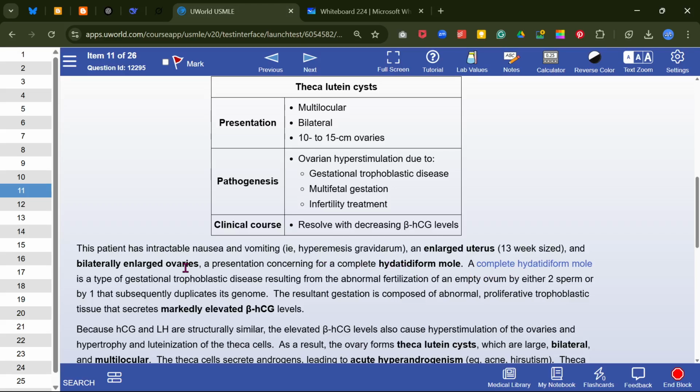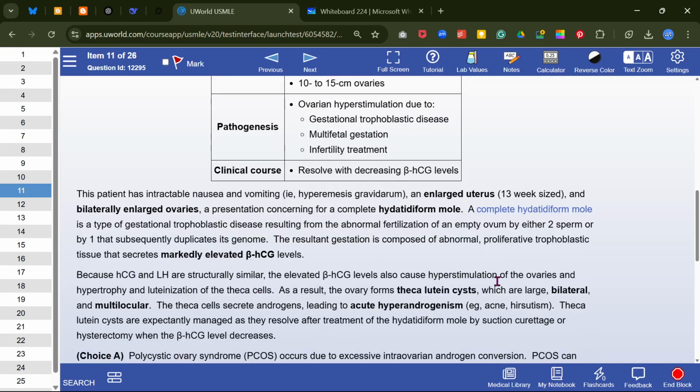A complete hydatidiform mole is a gestational trophoblastic disease resulting from abnormal proliferation, an empty ovum fertilized either by two sperm or by one that subsequently duplicates its genome. Markedly elevated beta-hCG. Beta-hCG and LH are structurally similar.